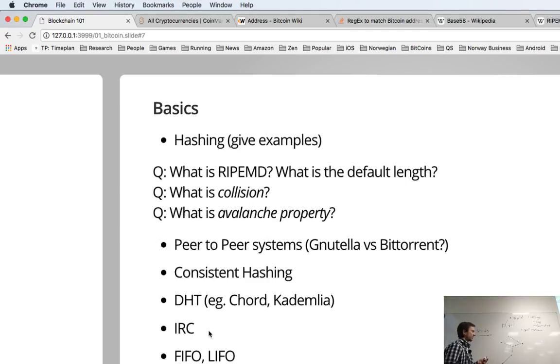I have a bunch of servers connected to each other, and you have humans chatting. This guy is connected to this server, this one to this one, and I have Alice connected here. They see each other and they chat, right?